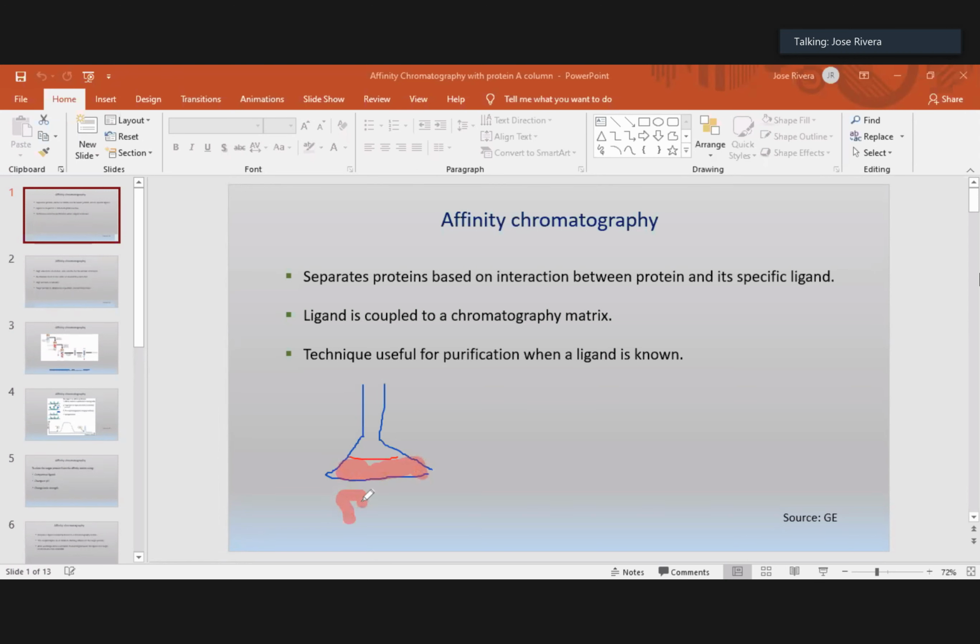Let's say blood, or better serum, because we don't use the blood normally, right? So you have serum samples. What kind of proteins will you have in serum?